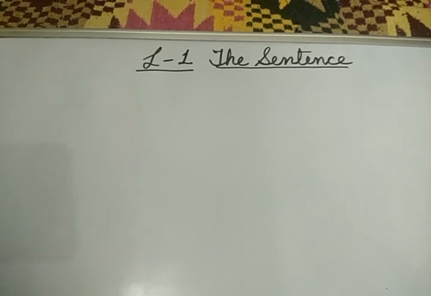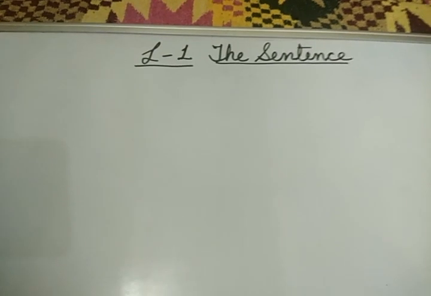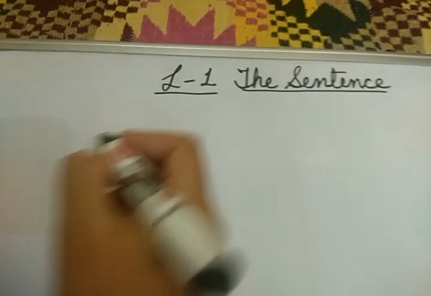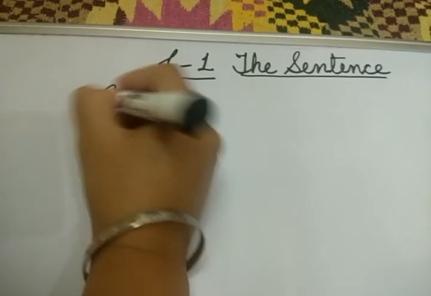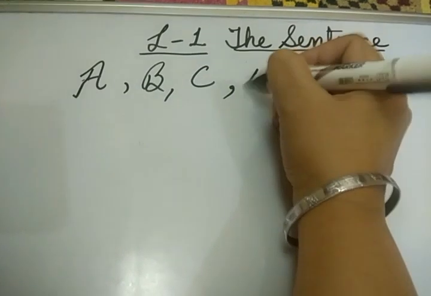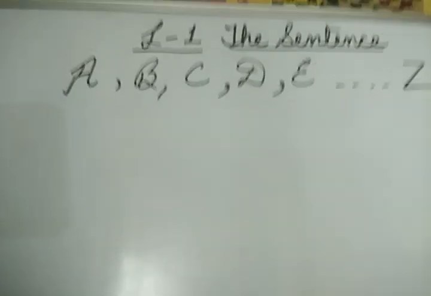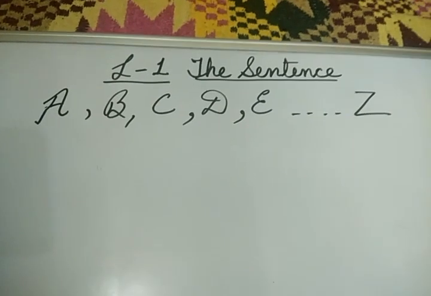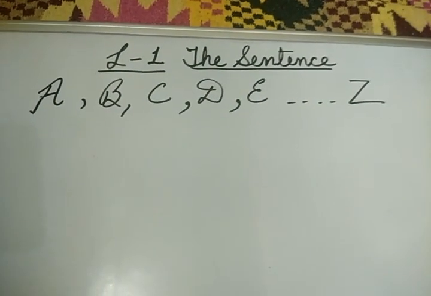Before I begin with this lesson, I want to explain something to you. Let's see now. What are these? A, B, C, D, E till Z. What are these called?